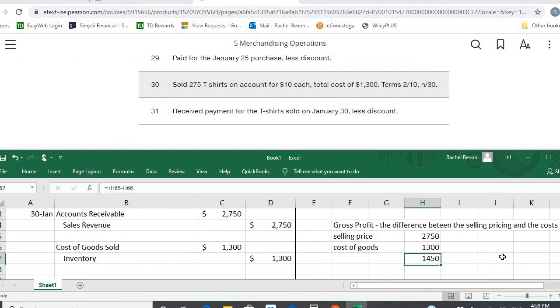So that $1,450 is called our gross profit, which is how much is left over after paying for the cost of goods. Companies want to make sure that's a positive number.